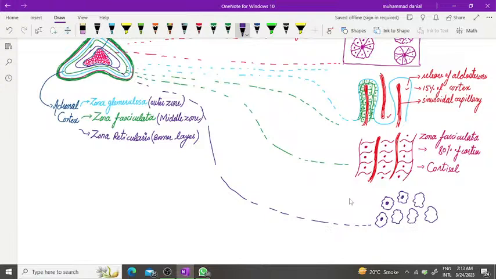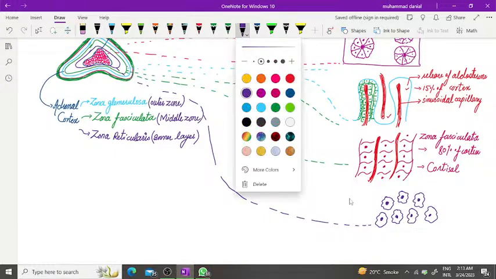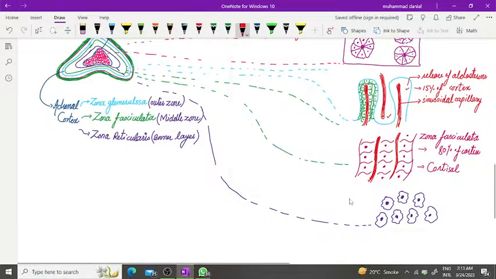Irregular shape cells, but also supplied by these sinusoidal capillaries here. These are sinusoidal capillary. And these are the cells of zona reticularis.